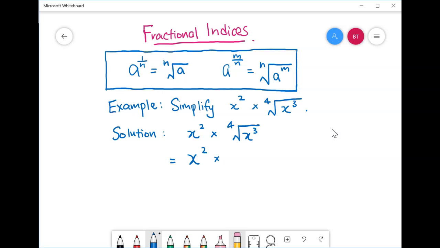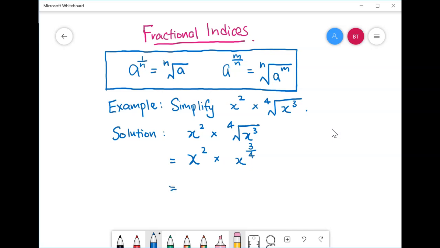So again, this base a remains as the base, so base x remains as base x, all right, and the nth root becomes the denominator of the power, so the 4th root becomes the denominator of the power, and the power that is together with the base x becomes the numerator in the fractional power.